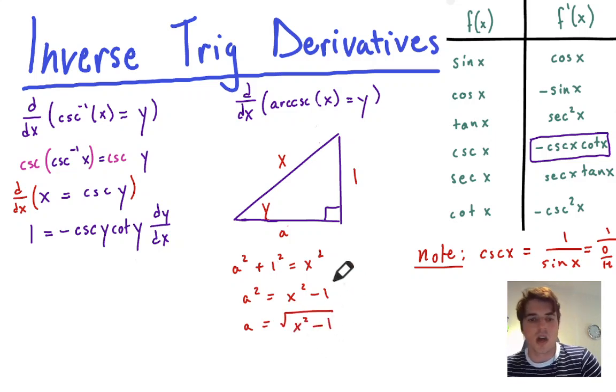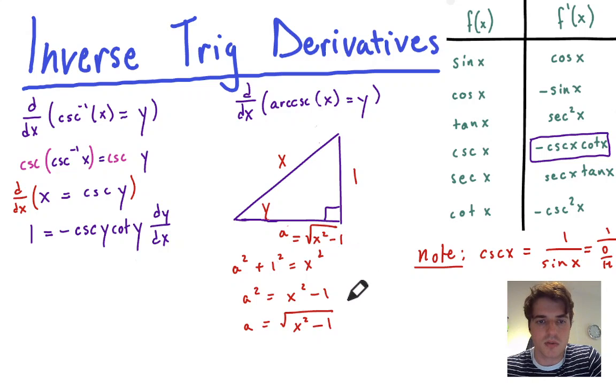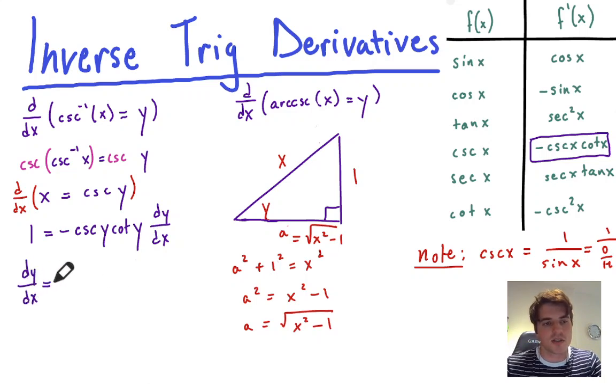Great. So this side is the square root of x squared minus 1. And we'll go back to our equation. I actually think that maybe we want to isolate dy dx first, because I'm a little bit less comfortable with cosecant and cotangent than I am with their reciprocals.